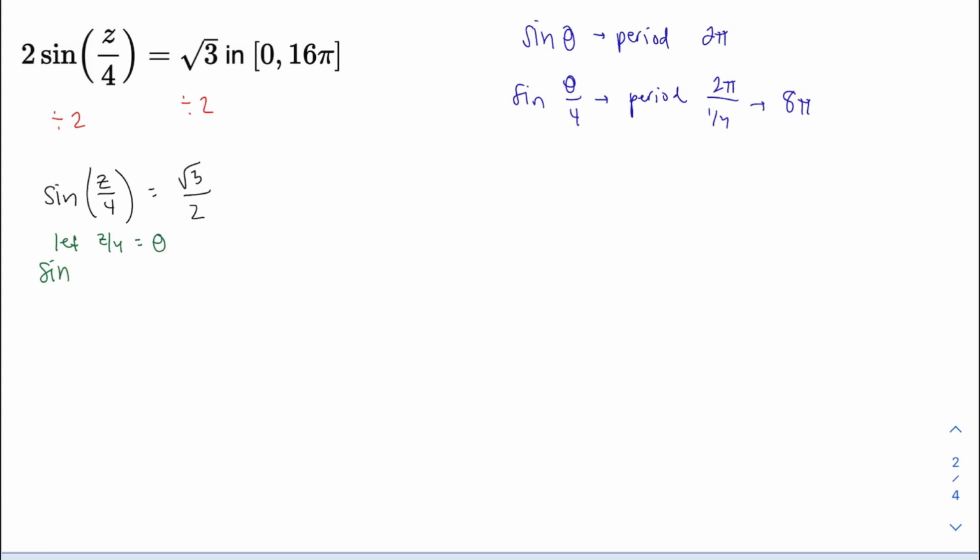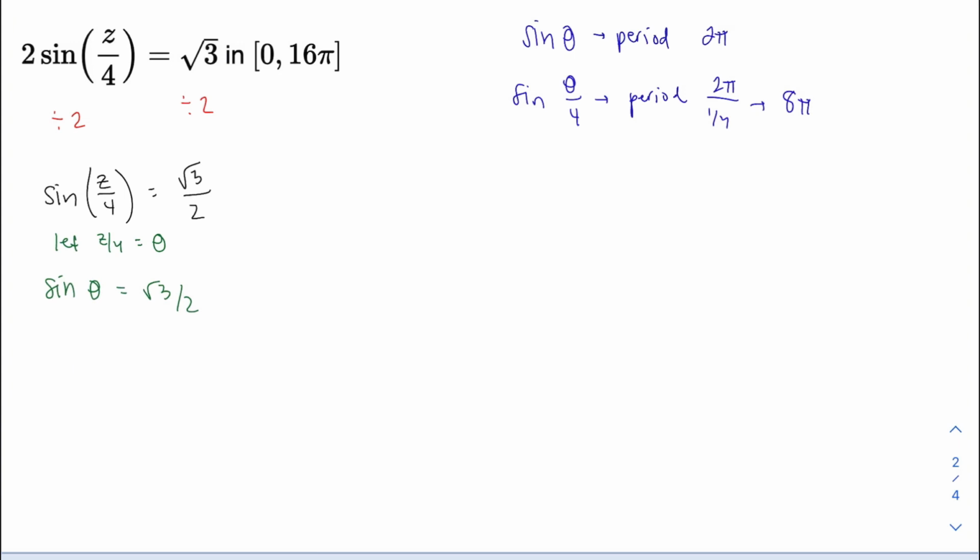So then the problem becomes sine of theta equals radical 3 over 2. And rather than having to pay attention to what angle divided by 4 gives radical 3 over 2, I can just ask myself, where is the sine of an angle radical 3 over 2?